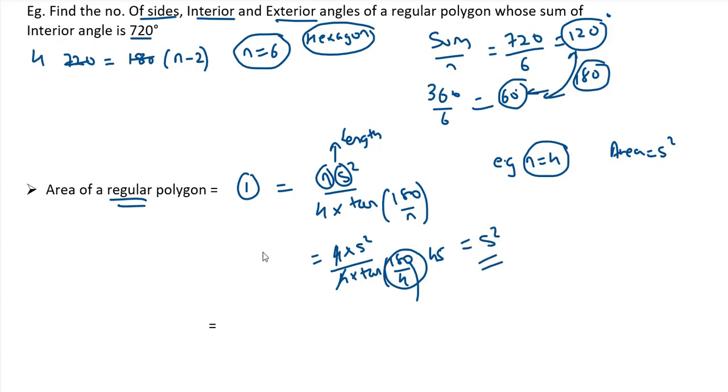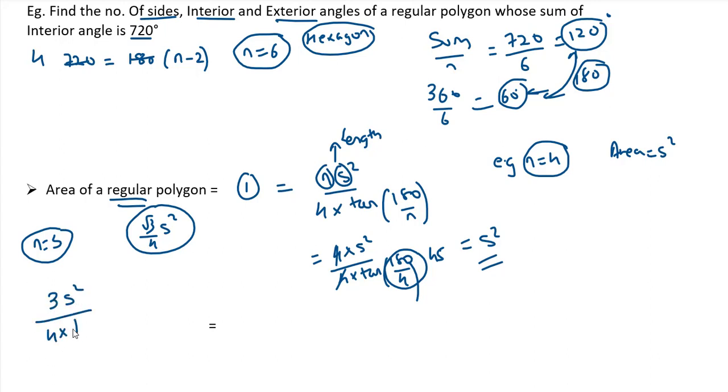This formula you can use for an equilateral triangle also. For an equilateral triangle, we know the number of sides is 3 and the formula is given by root 3 by 4 s square, where s is the length of the side. Let us see how we arrive at this formula with the help of this equation. If we substitute n equal to 3, we get 3 s square upon 4 into tan of 180 upon 3.